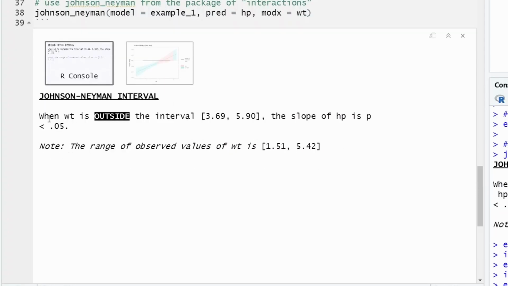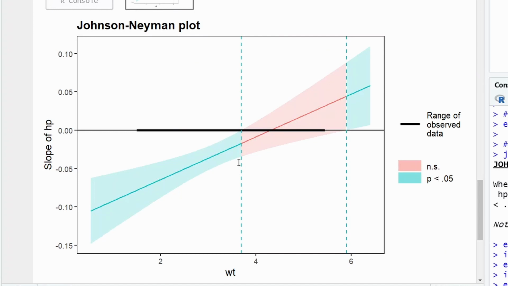One is the statement that when the weight is outside the interval of 3.69 and 5.90, the slope of horsepower is significant. What it means is that this line is 3.69, and this line is 5.90. So in these two blue areas, the slope of horsepower is significant.